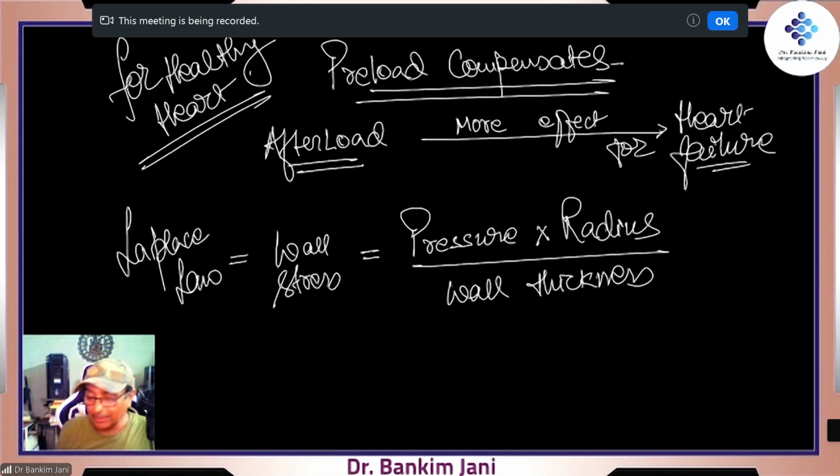Now see how smart. Whenever the heart is enlarged, or whenever there is more pressure, you'll find that wall thickness increases. If the wall thickness increases, this is the bigger number in the denominator, so the stress would be reduced. This is the reason that as you exercise, your left ventricle becomes more powerful.